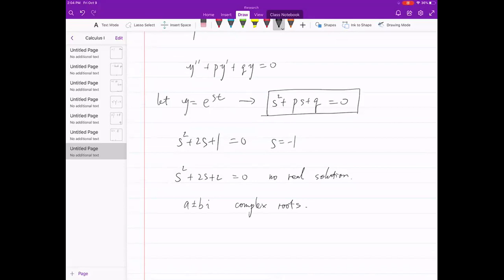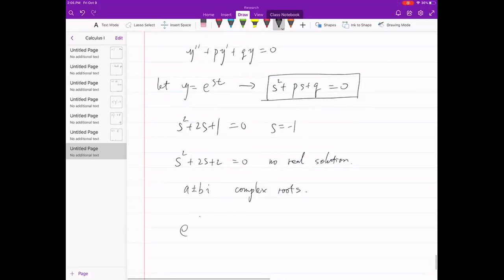If it's -2 and -1, you know the 2 solutions. But if you have complex roots, how are you supposed to write it as an exponential? Can you put a complex number in the exponential? If you put a complex number in the exponential, what do you mean by that? Make sense so far?